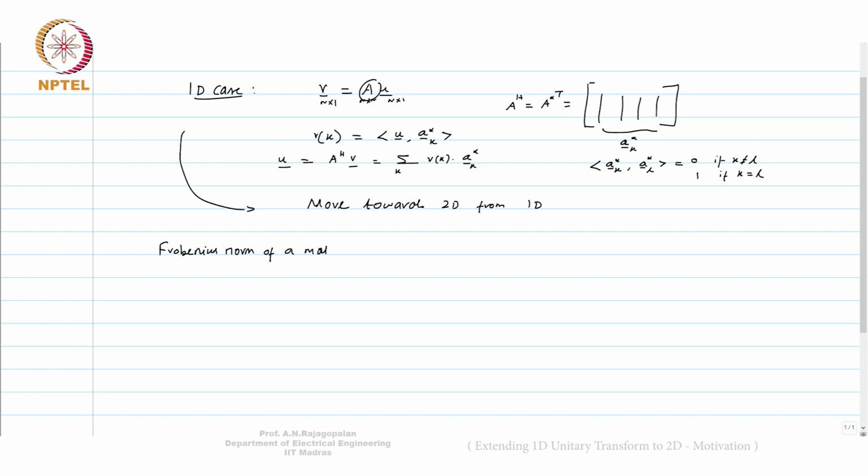To indicate that it's Frobenius, you'll typically write norm of A with subscript F. This is nothing but the root of the summation, if you call the entries of A as Aij, of a double sum over all entries i, j of the magnitude squared. And similarly, just as with vectors, you can also talk about the inner product of two matrices.